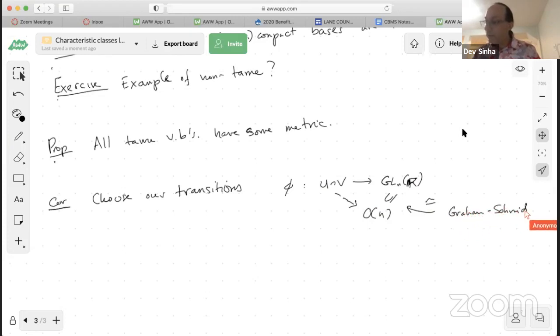One homotopy inverse is given by the Graham-Schmidt process, which is, yes, an algorithm, but it's continuous in the input variables. And so the orthogonal group includes in GLN R, but that's a homotopy equivalence. So again, I want to contrast the imposition of a metric with putting a basis or even naming a single coordinate on a vector bundle.